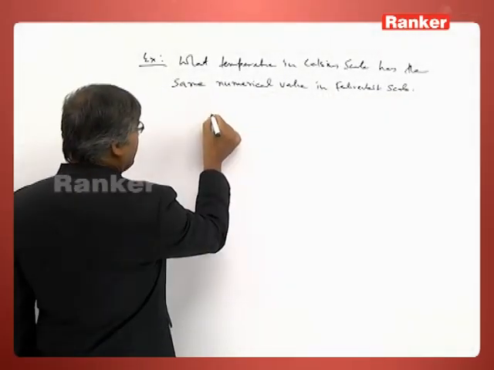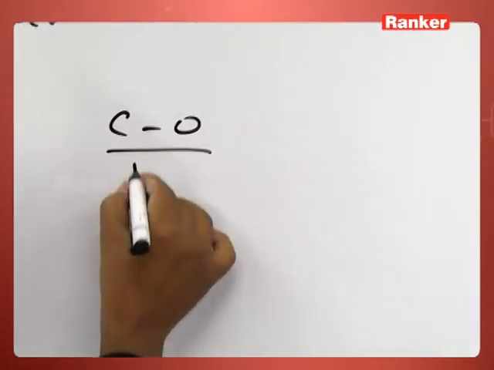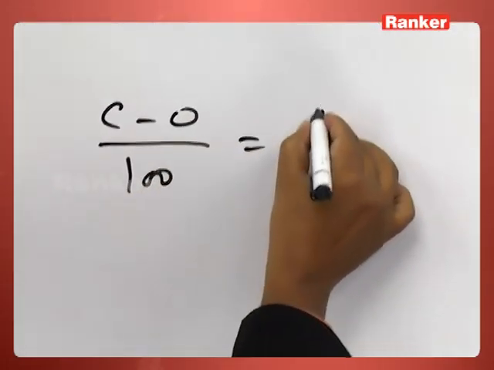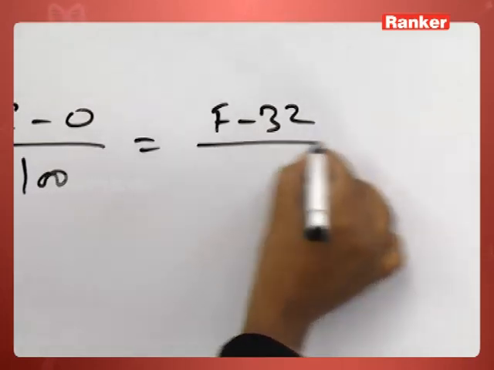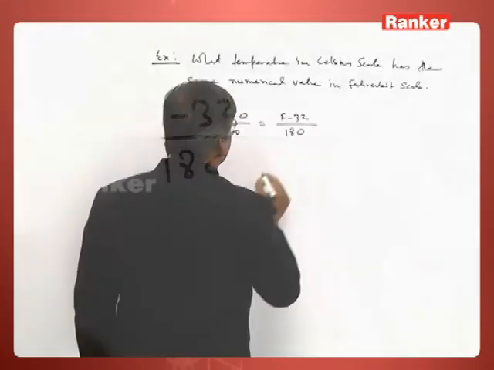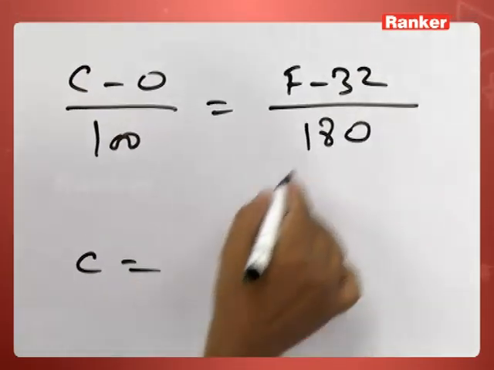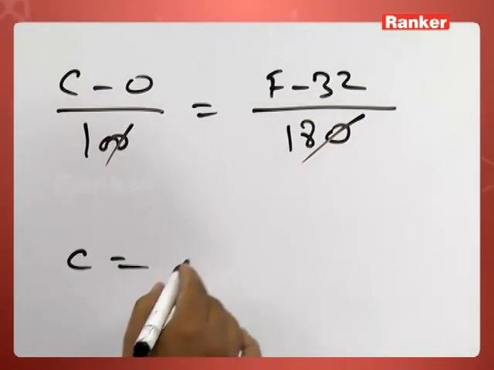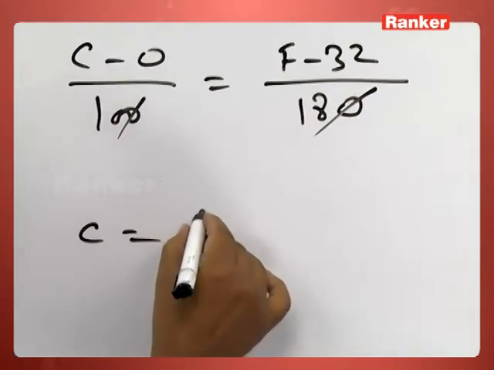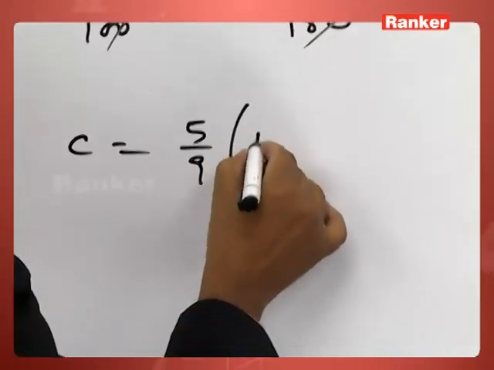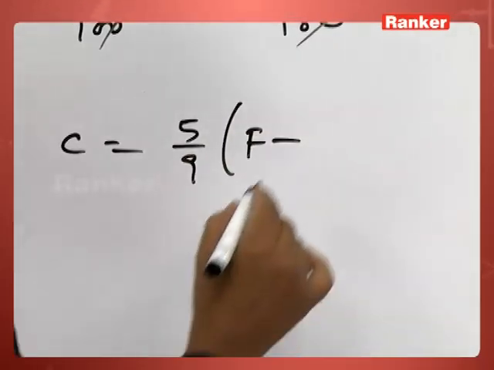So we have C minus 0 by 100 divisions, F minus 32 by 180 divisions. So C by 100 equals F minus 32 by 180, the zeros cancel, so C is equal to 5 by 9 into F minus 32.